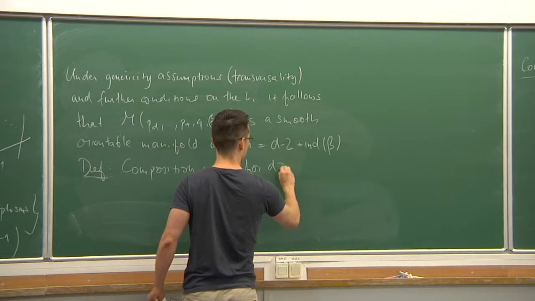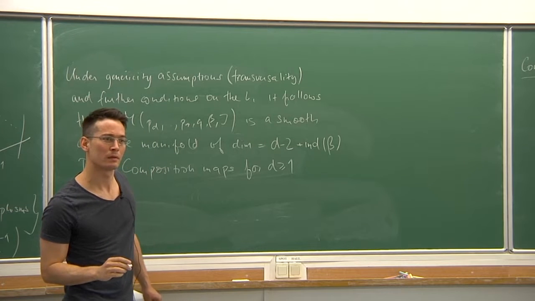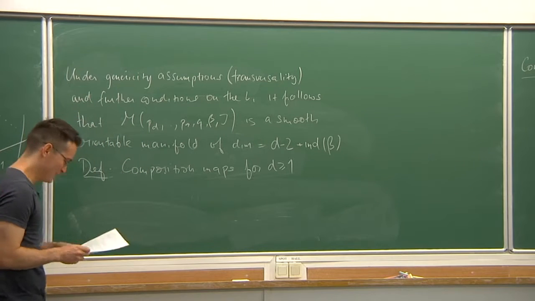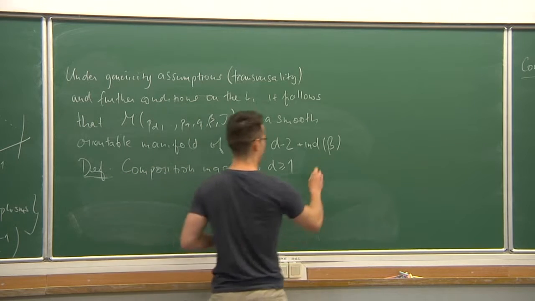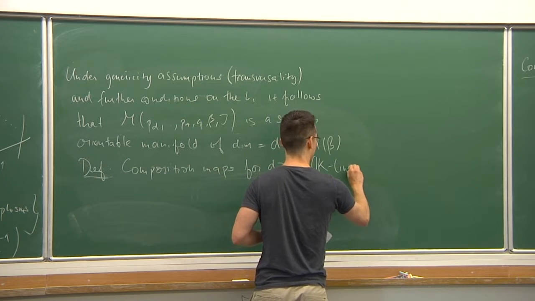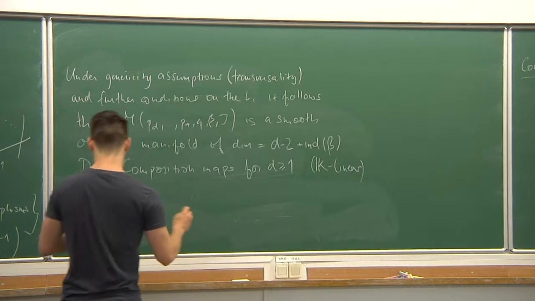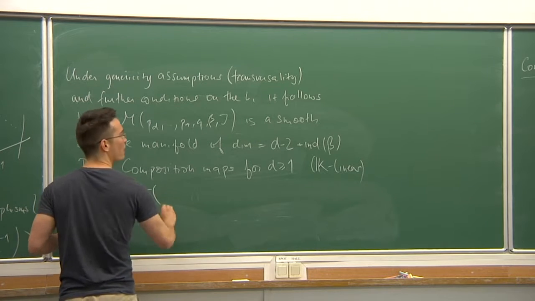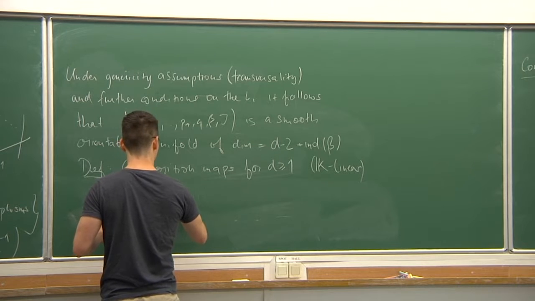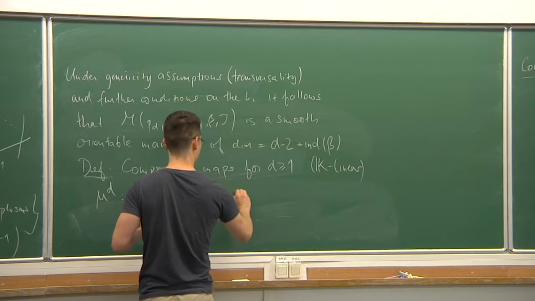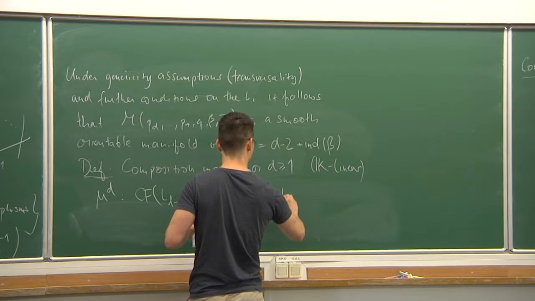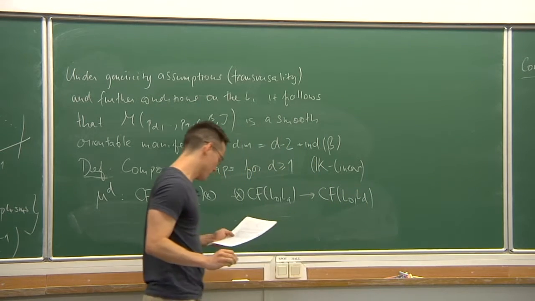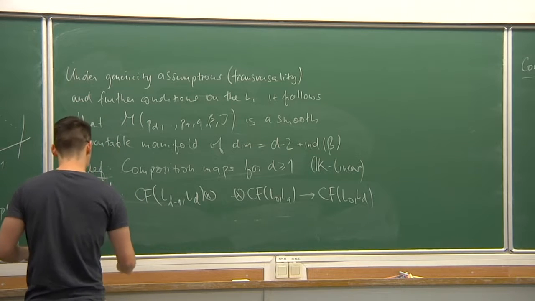These composition maps are K-linear maps, and I denote them by mu d. They map the Floer complexes of LD minus 1, LD tensor CF L0 L1 to CF L0 LD. And this is defined as follows.